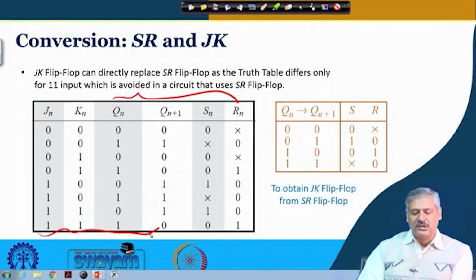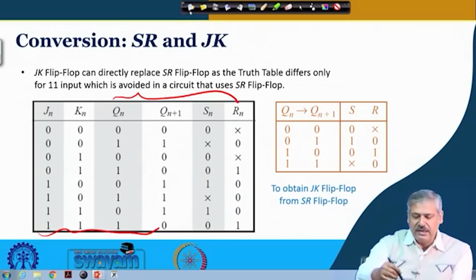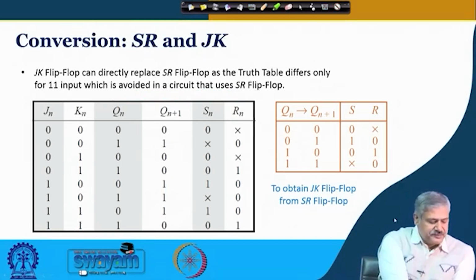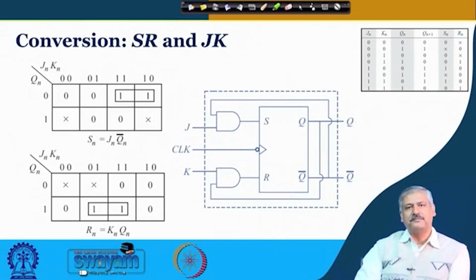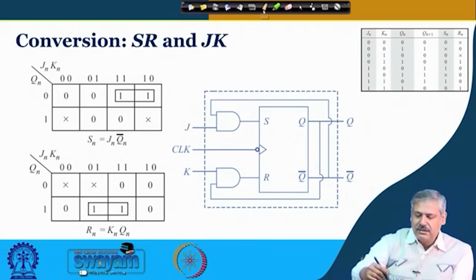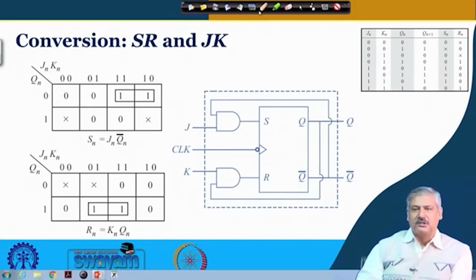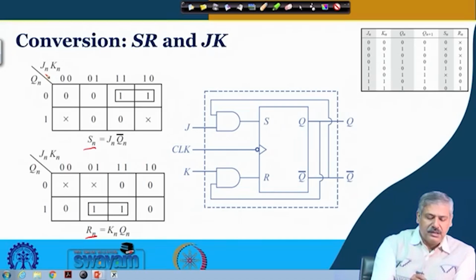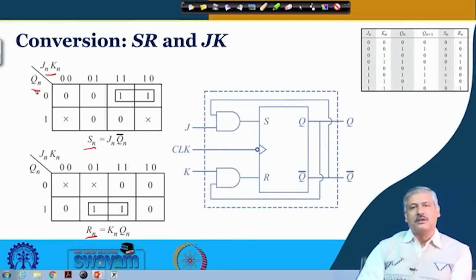Is it okay? Now, with this table in hand, we move to the next step. The next step would be representing each of these inputs, Sn and Rn at a given time, as a function of Jn, Kn and Qn.